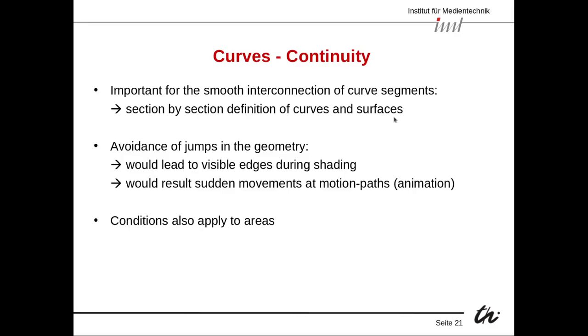So we want them to have a connecting point which also has this smooth property. So we want to avoid jumps in the geometry, because that would lead to visible edges during shading and would result in sudden movements on a motion path, if we use that for animation.